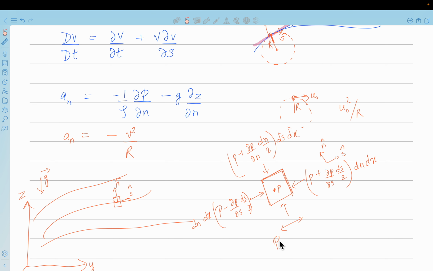And similarly here you will write P minus dou P by dou n into dn by 2 multiplied to ds into dx.